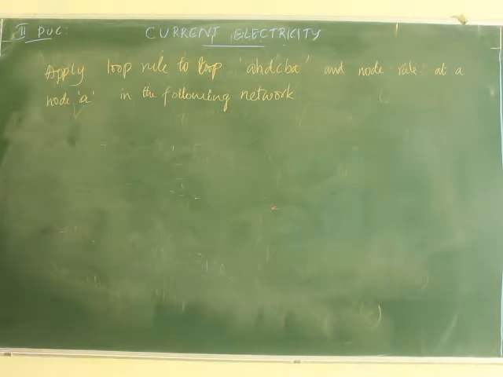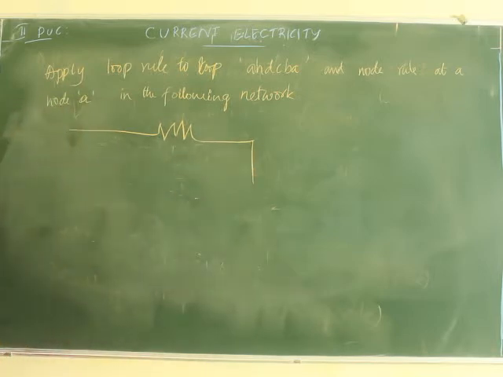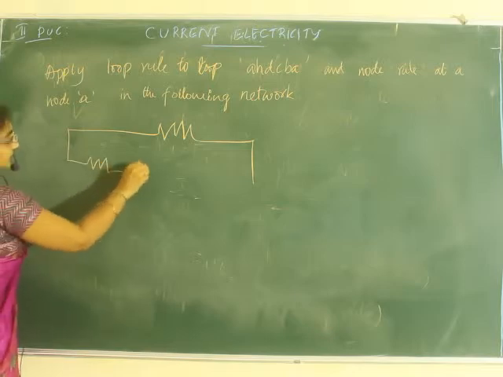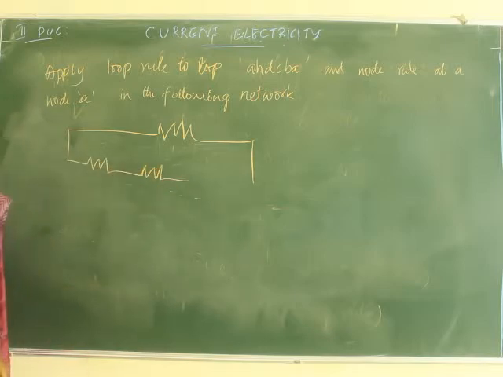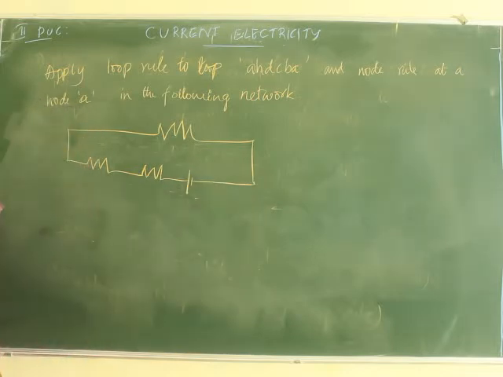Okay. See, here is the diagram. One resistor is there. Two more resistors. Then one battery, like this.